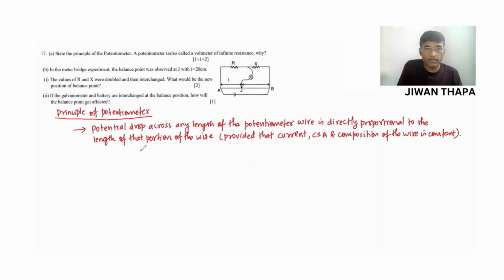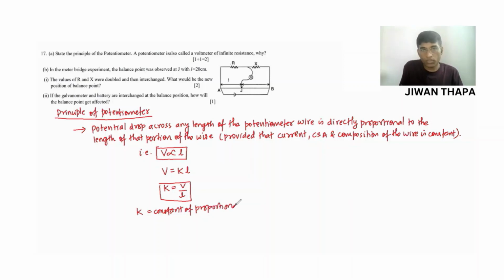So we can write mathematically, potential drop V is directly proportional to the length. So V equals constant K times L. So we can write K equals V by L. K is the constant of proportionality.